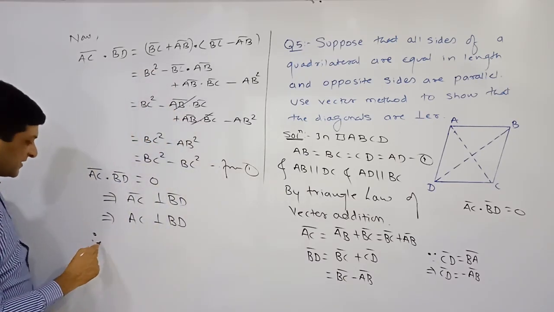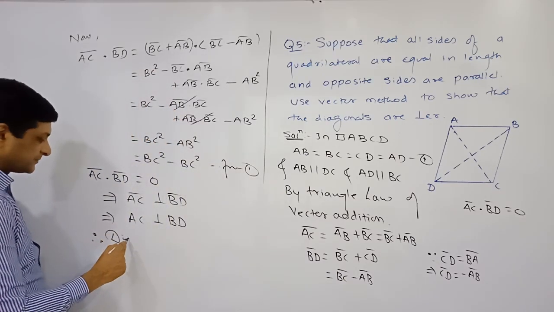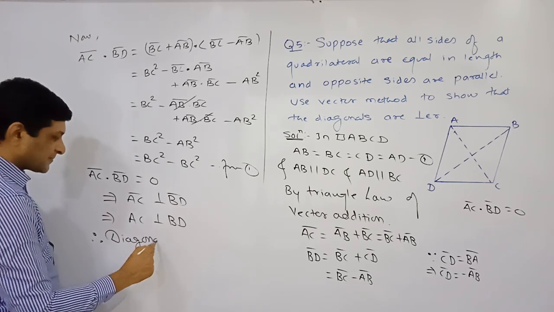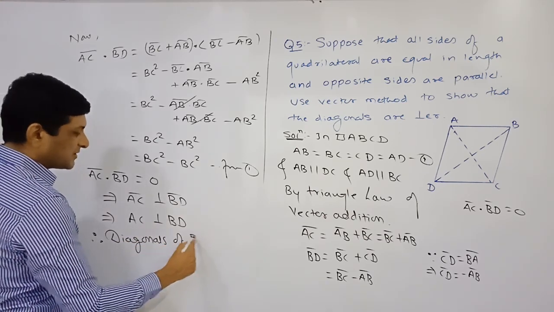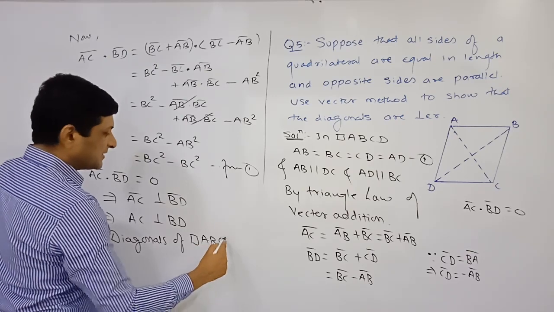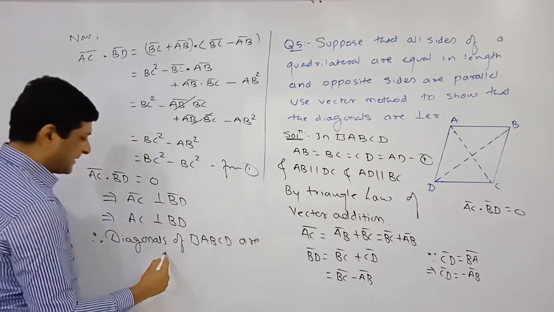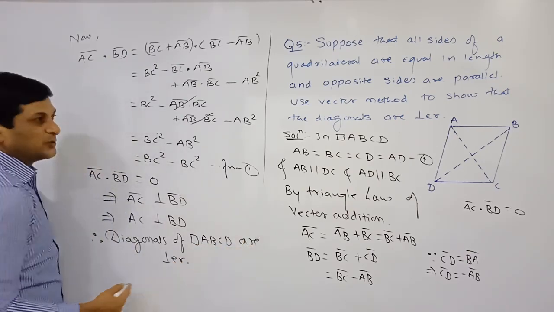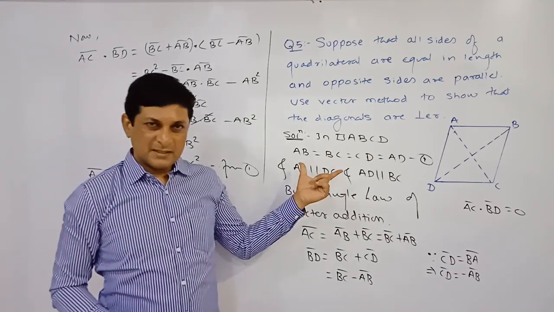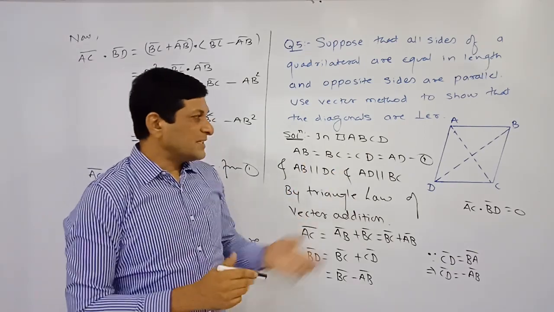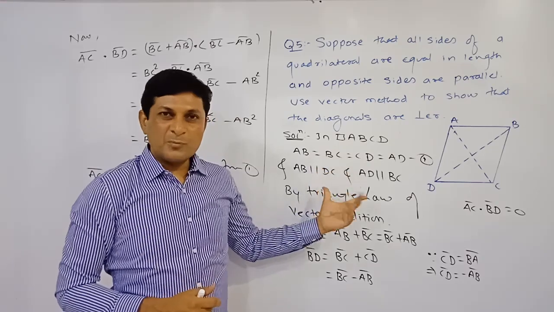So therefore, the diagonals of quadrilateral ABCD are perpendicular. In this way, we used the given condition that all the sides of the quadrilateral are equal and opposite sides are parallel.